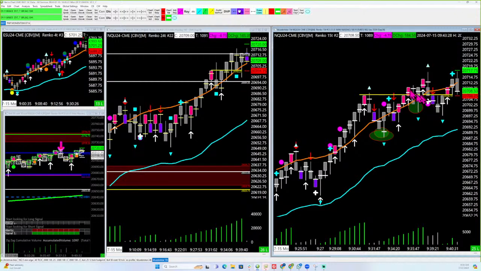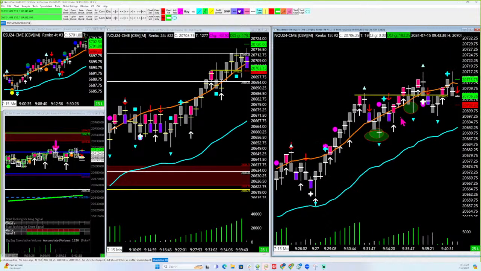See how that plus sign gave 1, 2, 3 bars down. Now we're looking for 3, 4, 5. We want to get underneath these guys and then retrace back up to give us a clue as to where they can come back in the other direction.